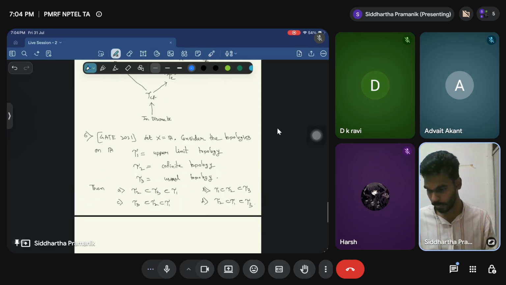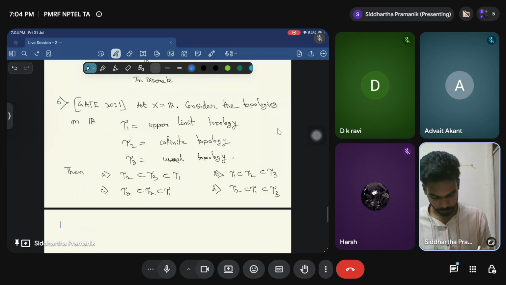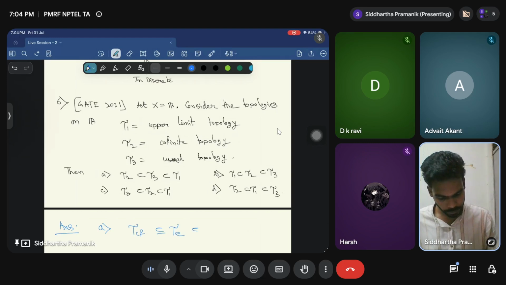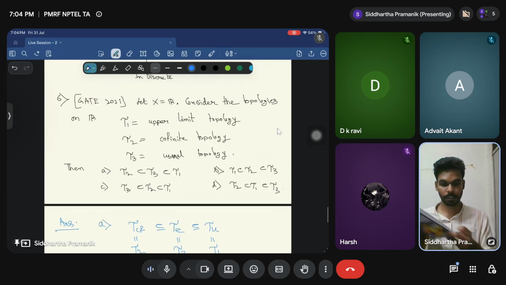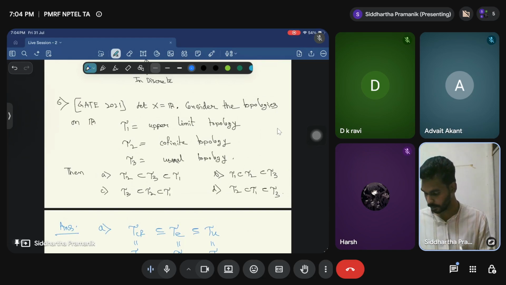So option is simply A, because cofinite topology is a subset of Euclidean topology and it is contained in tau U. So this is your tau 2, this is tau 3, this is tau 1. Okay, maybe let's move on to some other kind of problems.